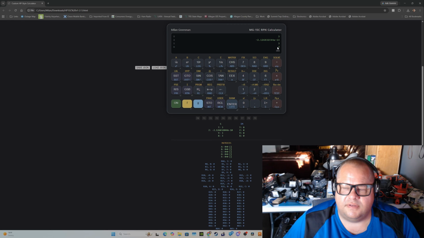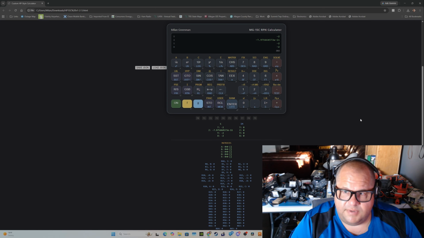Now we need to give the second guess to get the negative root. So to do that, we know it's negative 2, so let's go 1, change sign, and 3, change sign. F solve A, and there's our negative 2.